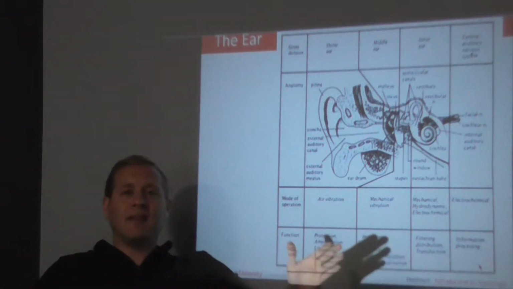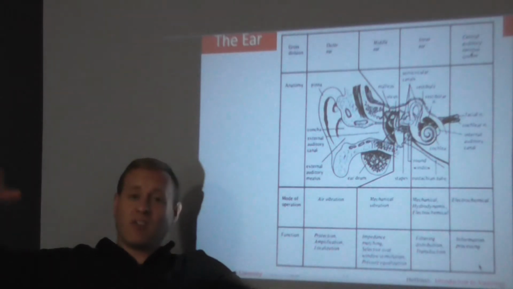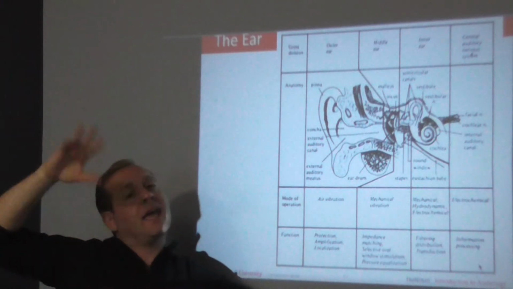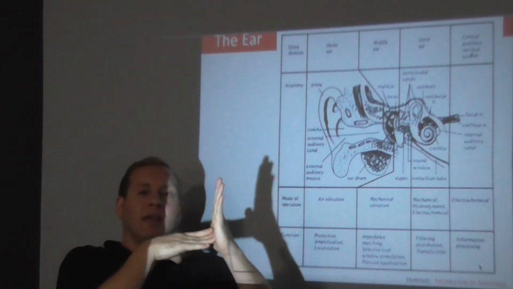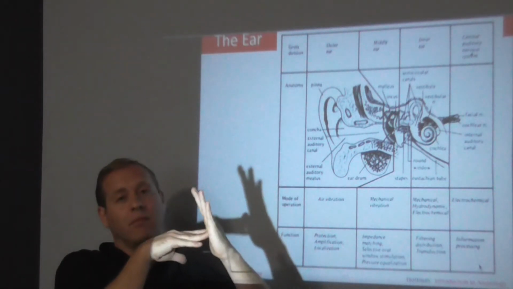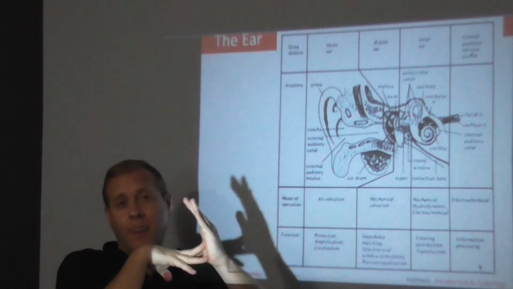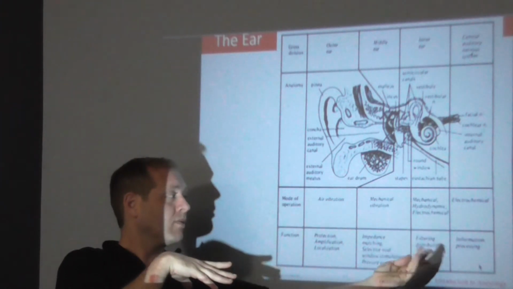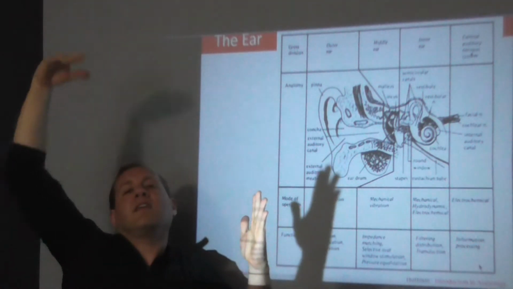Okay? Impedance is the resistance to the flow of energy. The flow of energy is pretty bright and quick in air, in that gas. Okay? When it hits a fluid, it's going to come against resistance, impedance. So, what we do before we get to the fluid of the inner ear is we increase the energy.